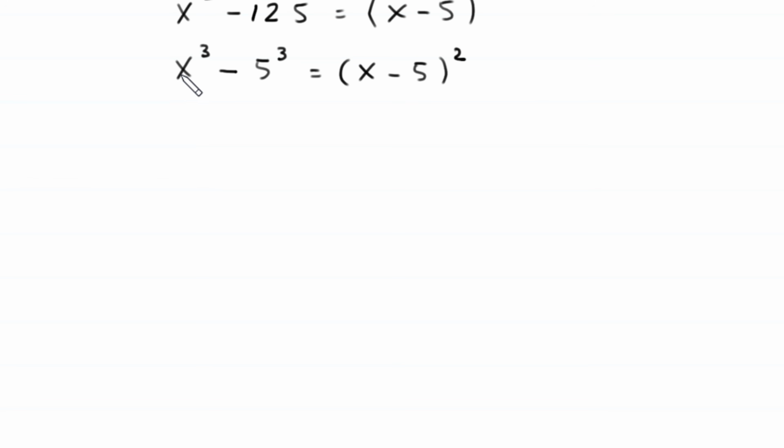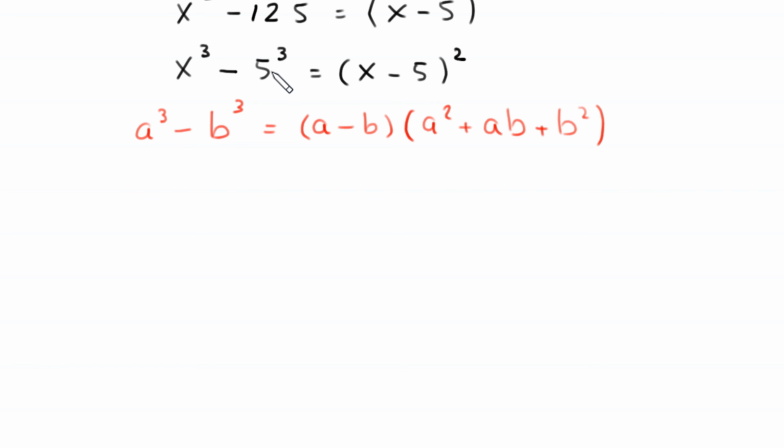We have difference of two cubes, so by using this algebraic identity, a cubed minus b cubed equal to a minus b times a squared plus a times b plus b squared, this x cubed minus 5 cubed will become x minus 5 times x squared plus 5 times x plus 25.